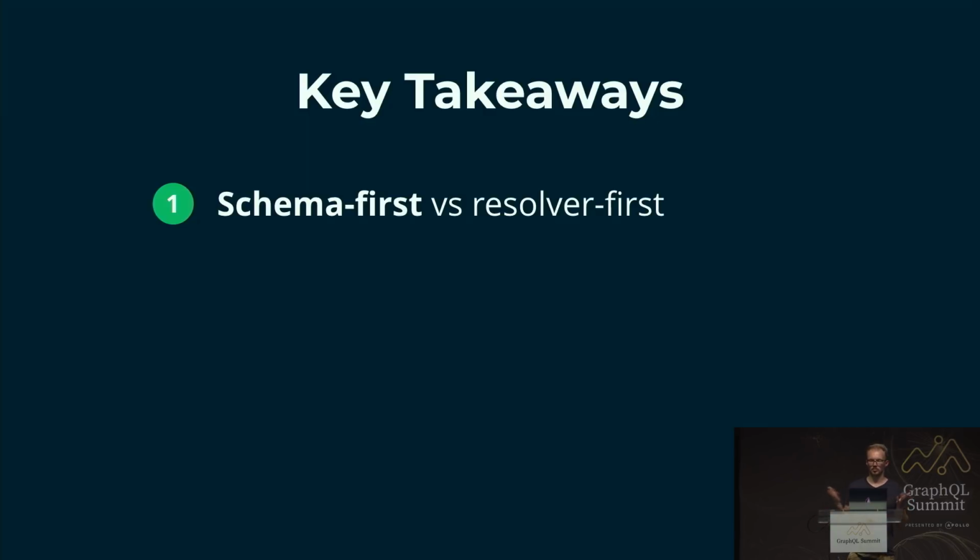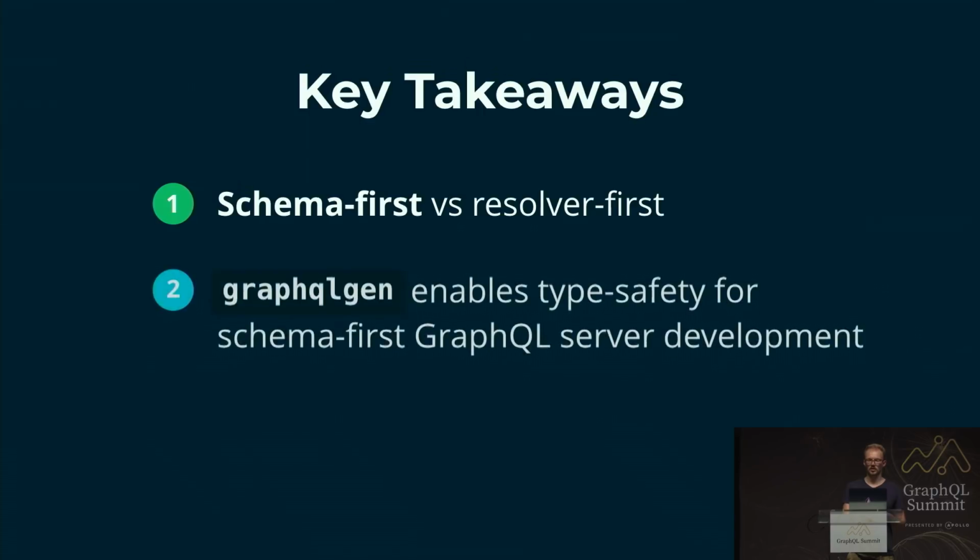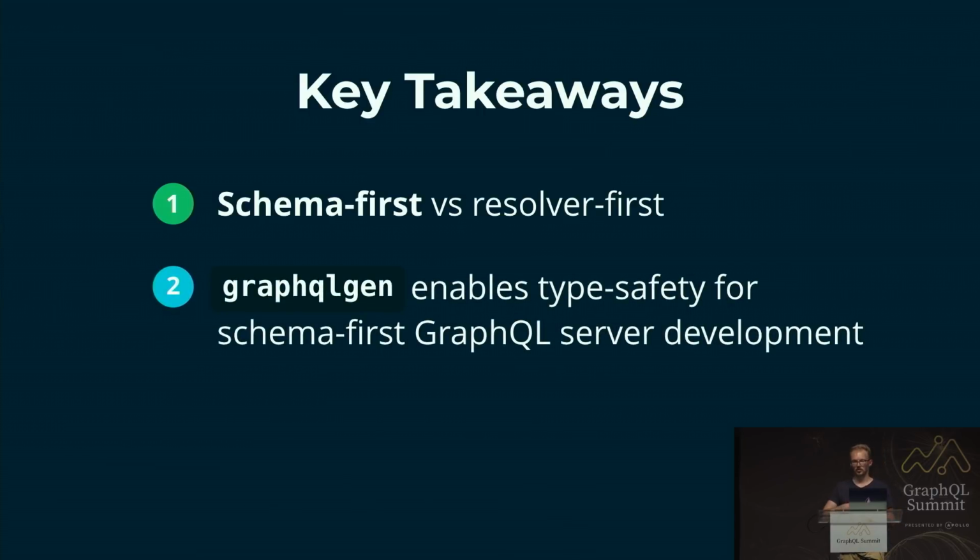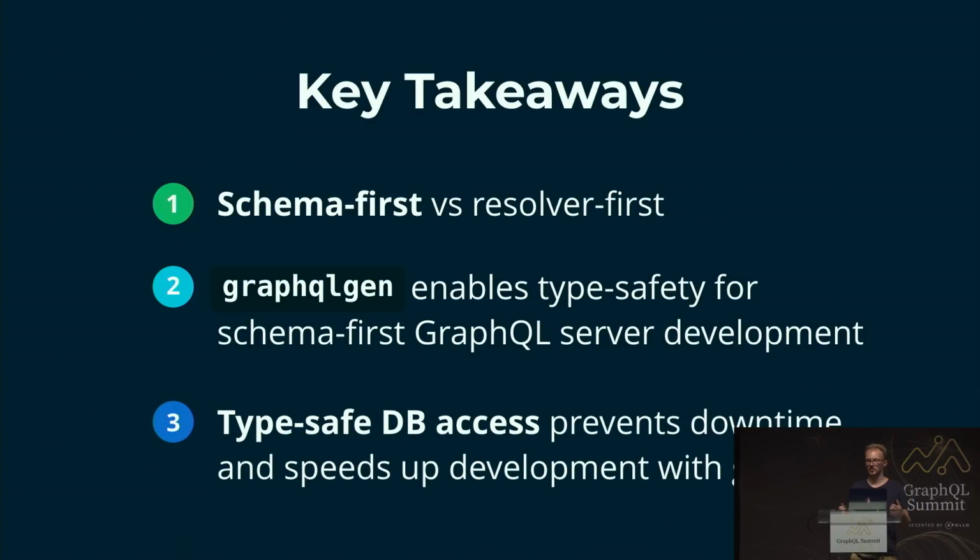I think we're going to see a lot more in both camps. If you're going schema-first, then I would really encourage you to give TypeScript a chance and use GraphQL Gen to help you solve a lot of these problems during development time. And if you want to go all in on end-to-end type safety, check out Prisma, which gives you type-safe database access.